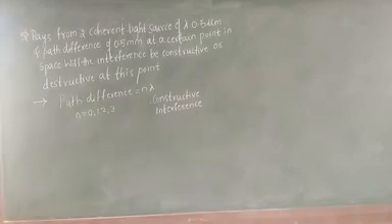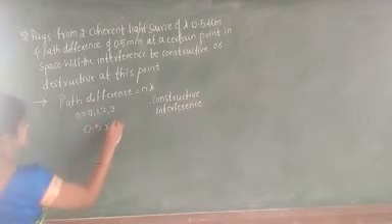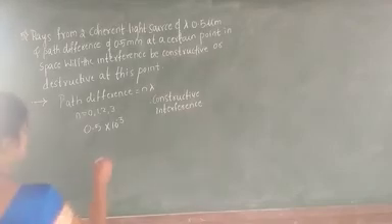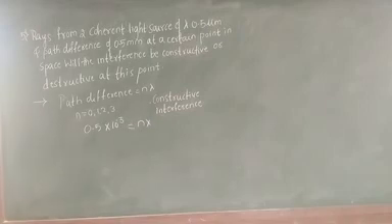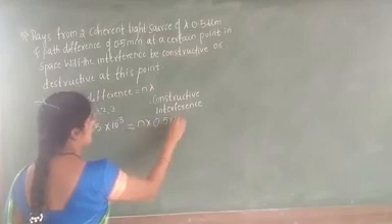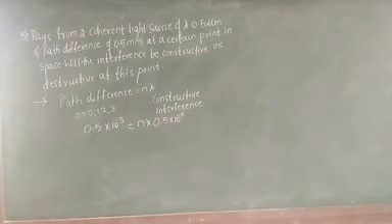Now we can tell that 0.5 into 10 raised to minus 3 meter is the path difference, and it is equal to n into lambda. The value of lambda is 0.5 micrometer, meaning 0.5 into 10 raised to minus 6 meter. From this we have to calculate the value of small n.